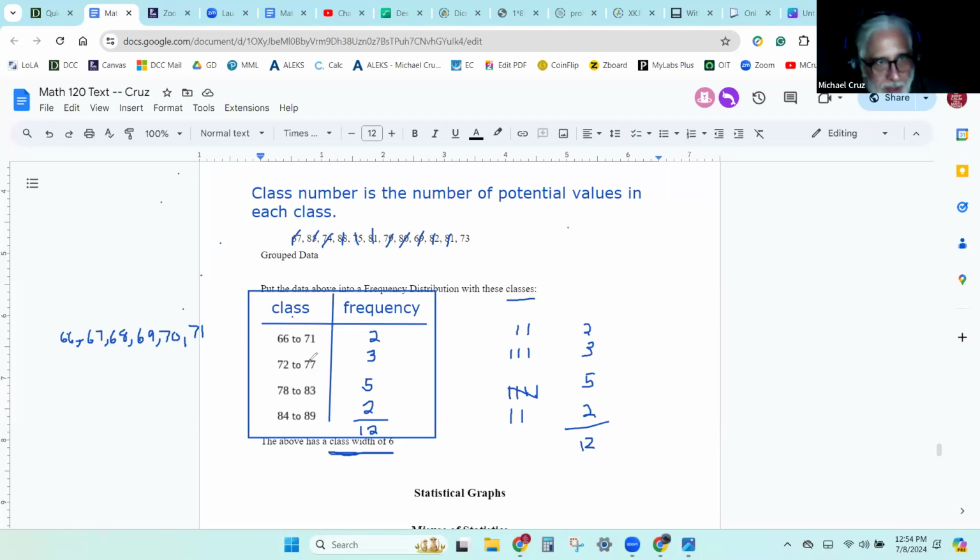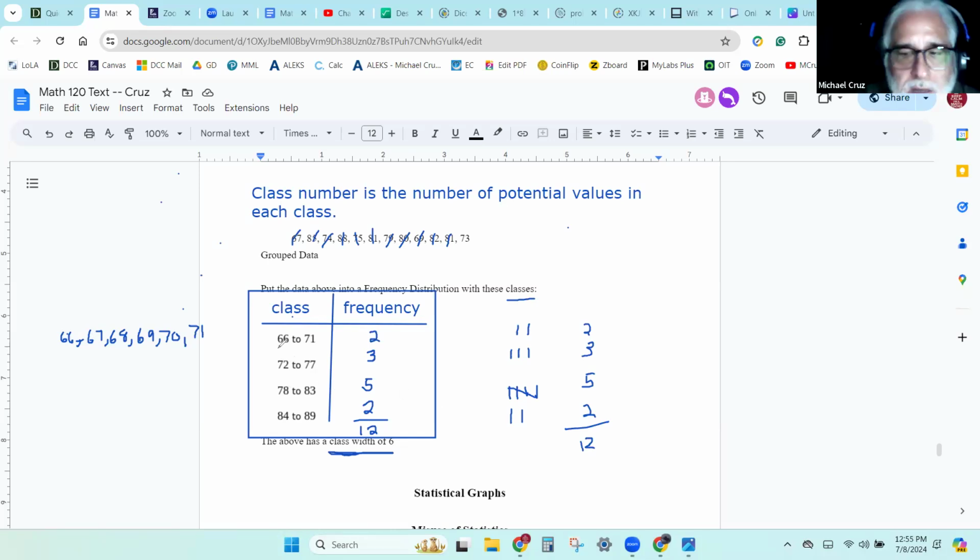Now, we've got to watch out because when we're counting, like from 0 to 10, we know there's 10 values, but if you count 0, you have 11, because of the way that we count. So since we're counting the 66, it does a little bit of a thing on your head because generally that's not the way we count. But there are six values in each class.